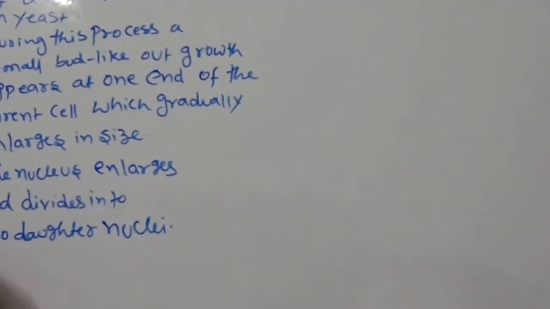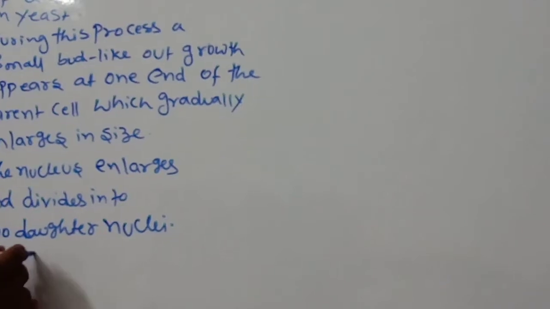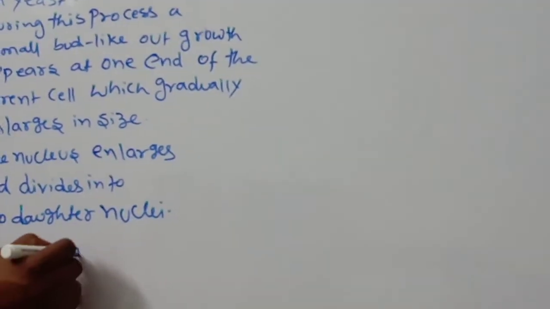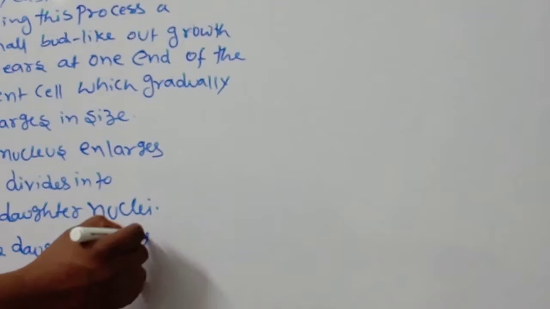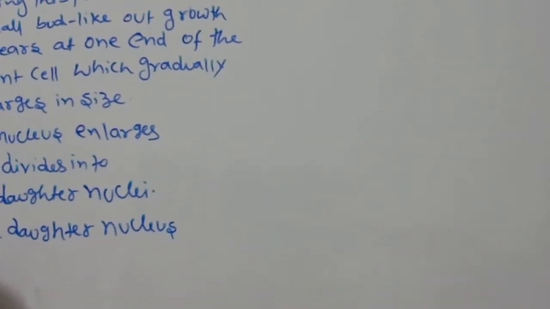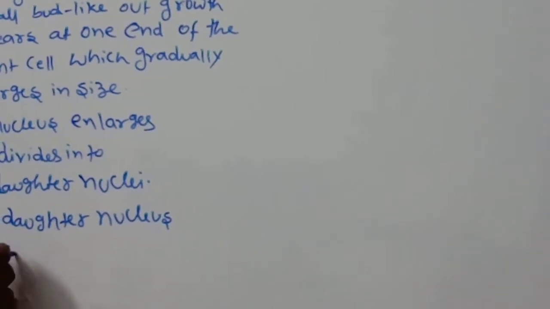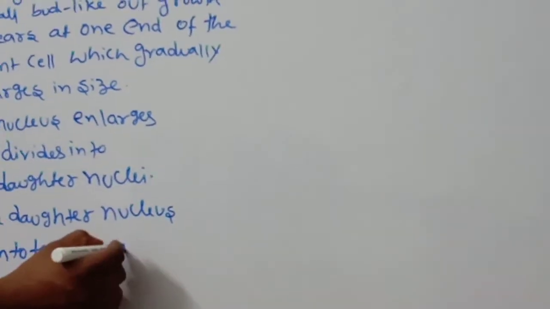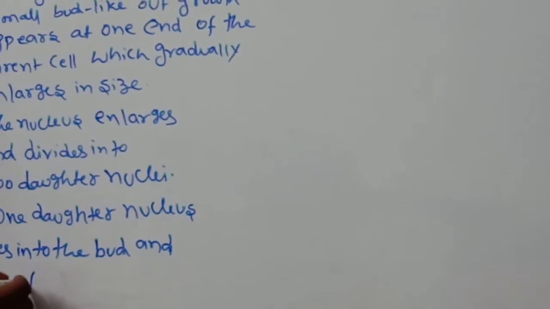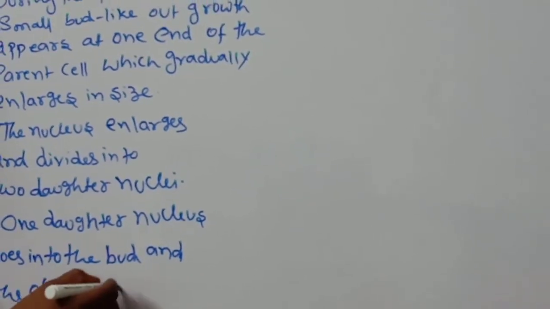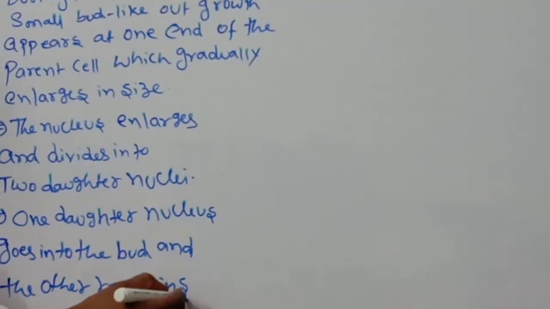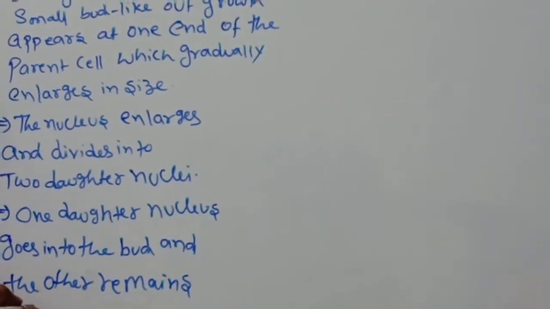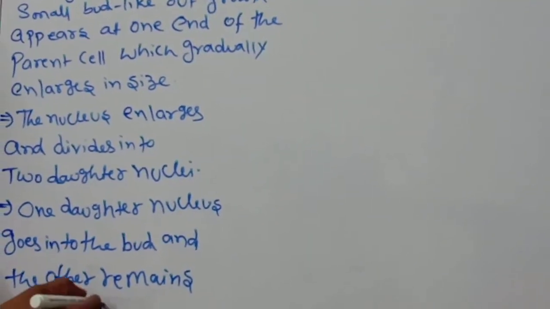Next, okay, children, one daughter nucleus goes into the bud, and the other remains in the parent cell.